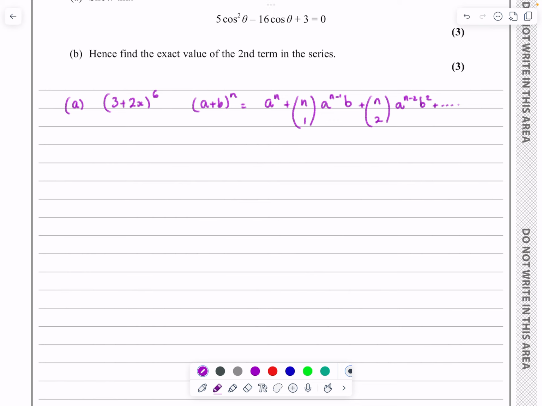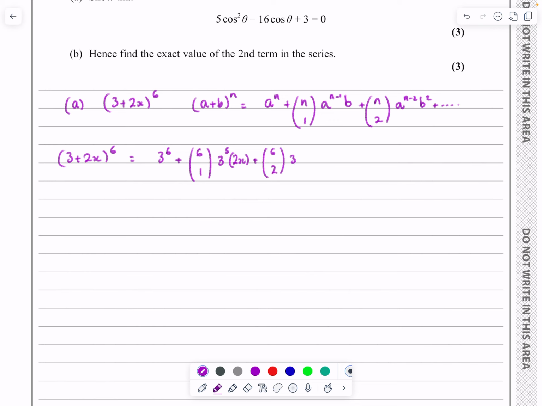So doing that for (3 + 2x)^6, it's going to give us a^n, so that's 3^6, and then 6C1, 3^5, and one of our 2x's.